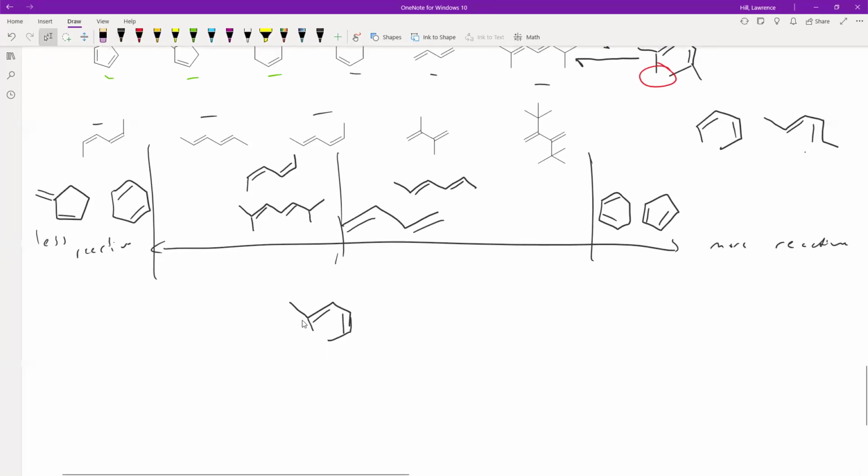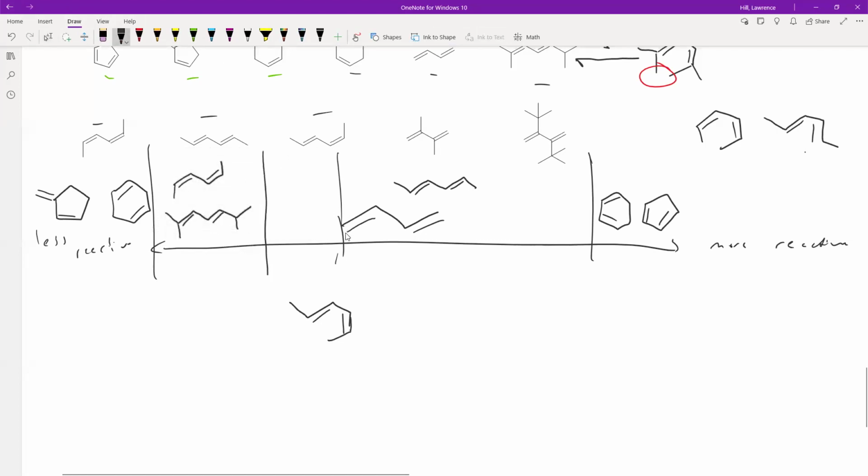So that one pointing in is going to interact more with this hydrogen atom than a plain old hydrogen atom would, because that carbon atom that's pointing in has its own hydrogen atoms attached. And so things are going to get crowded pretty quickly. And so that's going to be slower to react than just having a hydrogen atom there. But not as slow to react as putting two methyl groups together. And so it's going to be somewhere in between these two.